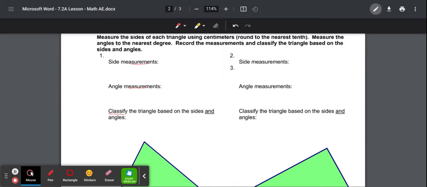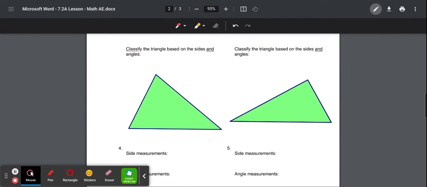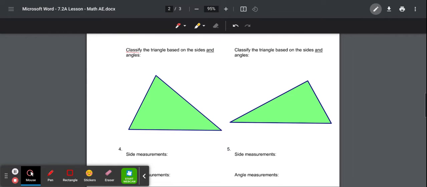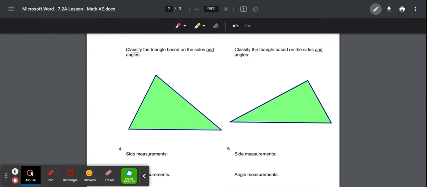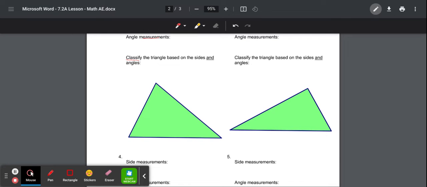Then you're going to take a ruler and measure each of the side lengths to the nearest centimeter. Then you're going to record all of your measurements. Once you do that, you're going to classify the triangle by the sides and the angles. I'm going to do one of the examples with you, and then I'll have you try the rest on your own.